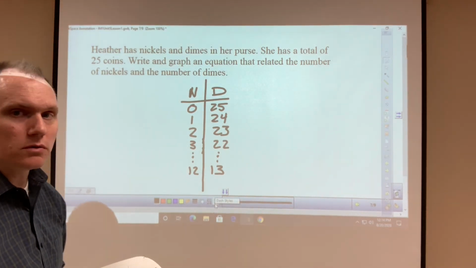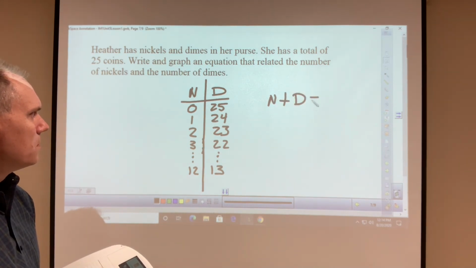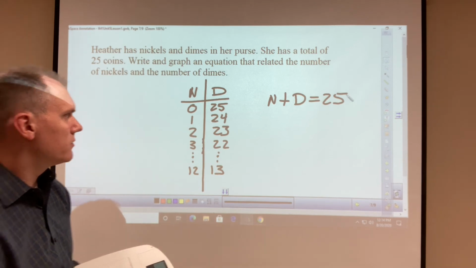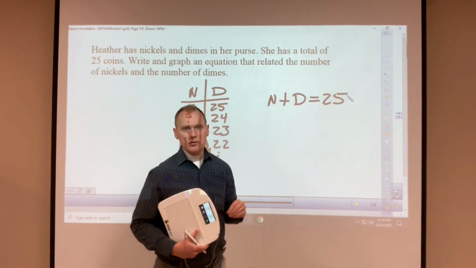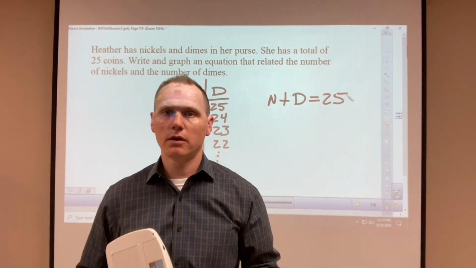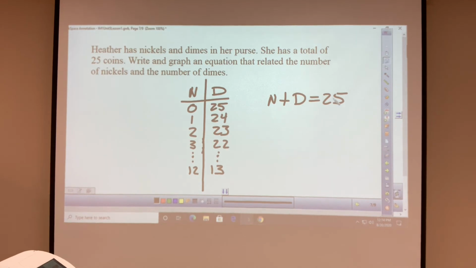So in general, we have N plus D must equal 25, where N is the number of nickels, D is the number of dimes, and the total of those added together should be 25. So N plus D equals 25.